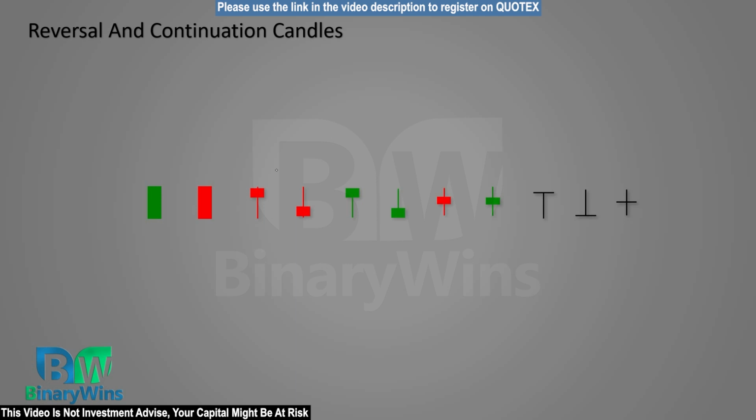But let me tell you one thing first. If you see doji candles on the chart, you should be careful and not trade. Doji candles are a sign of indecision and war between buyers and sellers, and it's better not to trade if you see these candles in the market.